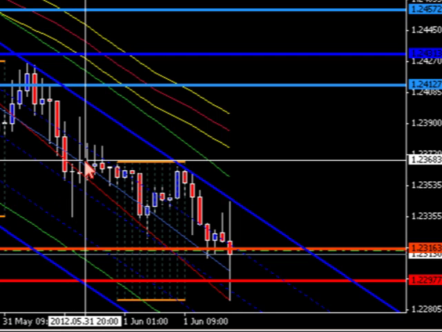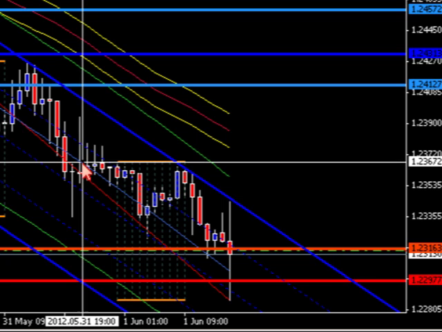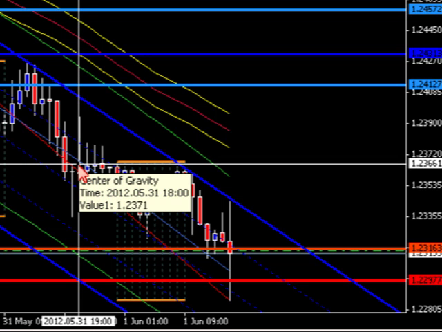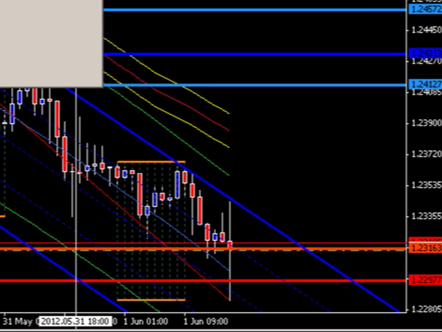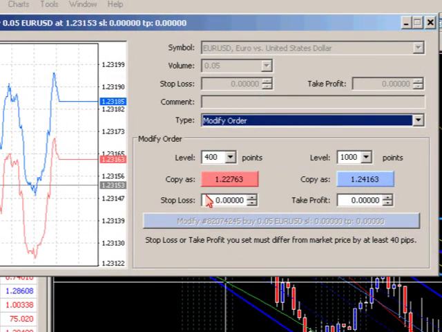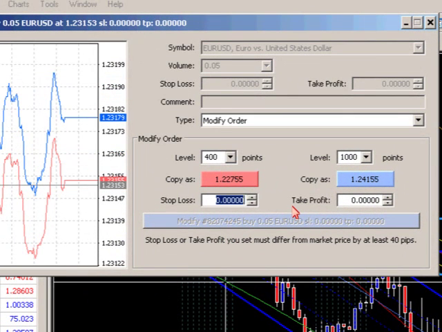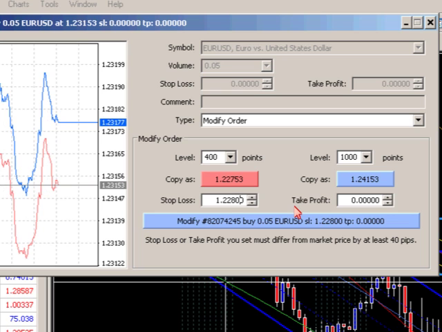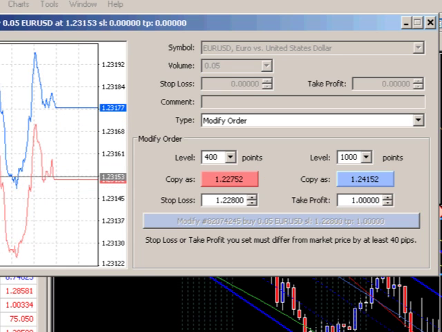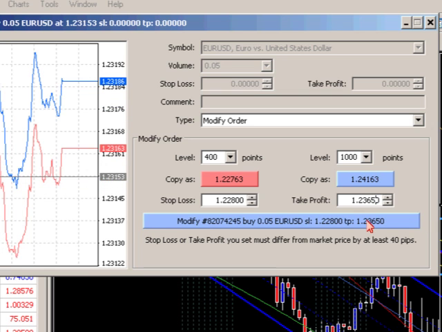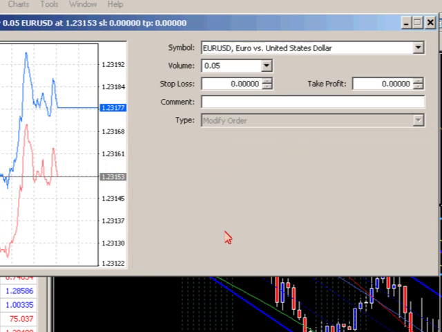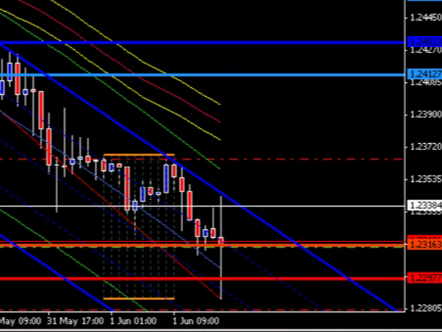So we're going for about 50 pips, and we're going to use about 35 pips of stop loss. Okay, so 122.80, and the TP will be 123.65. That's what I would be doing. And let's see if the market will give us our take profit points later.